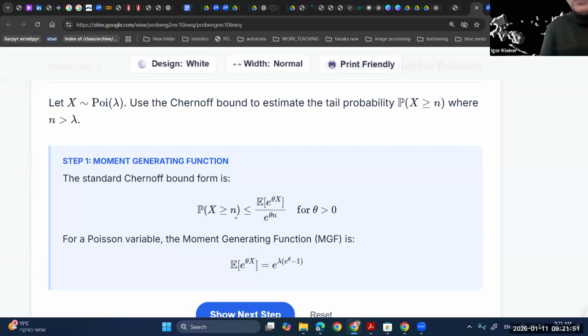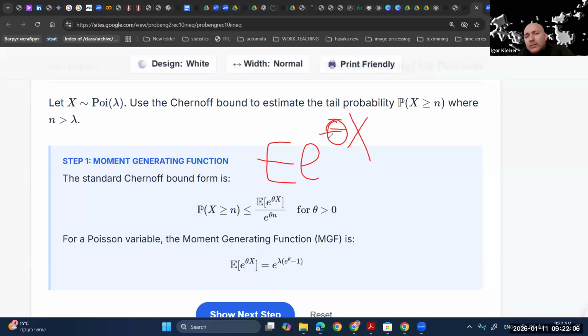But first of all, we need to simplify this expression. The expected value of e^(theta X). How do we find this? You can use the definition.